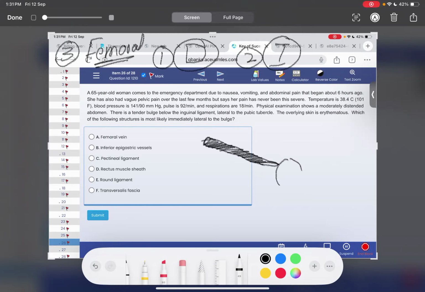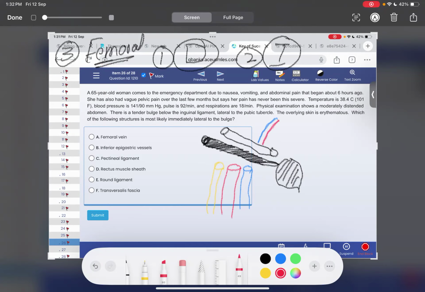This is your pubic tubercle over here, and this is the iliac spine. Now this is your deep inguinal ring, and this is your superficial inguinal ring over here. And here is your femoral vein, femoral artery, and nerve. The epigastric vessels are over here.